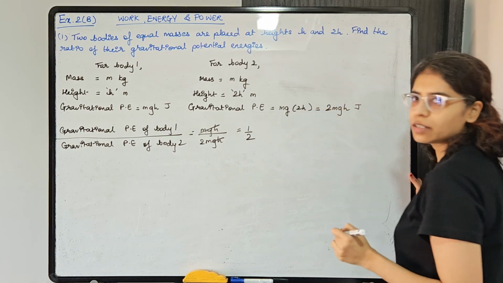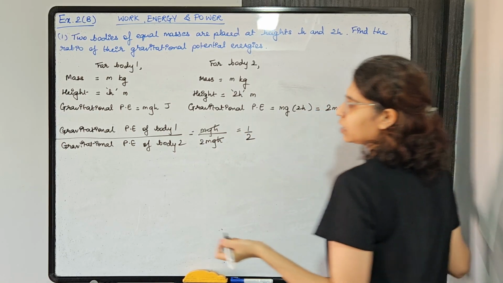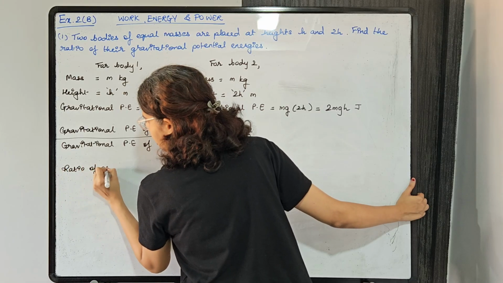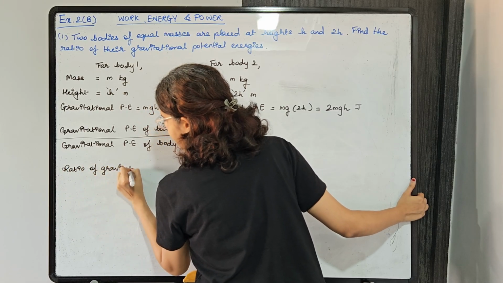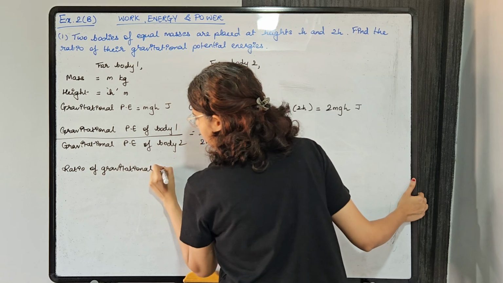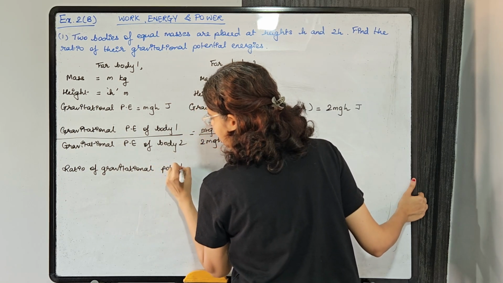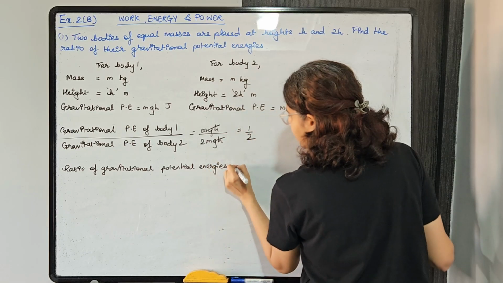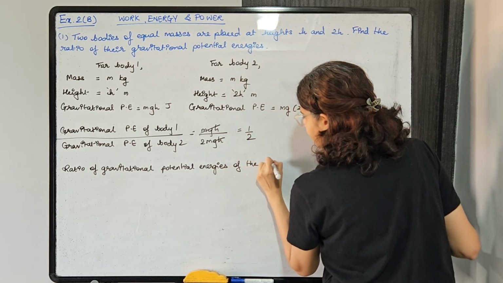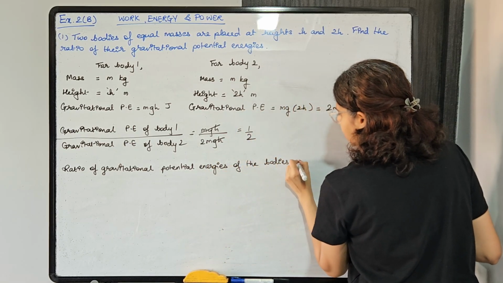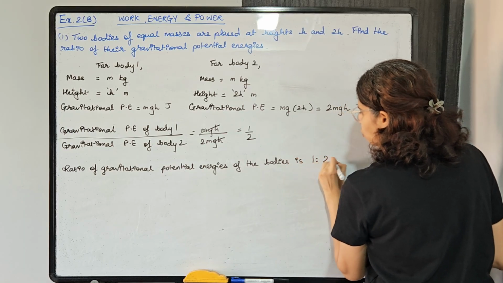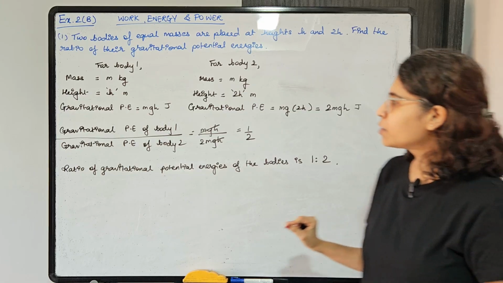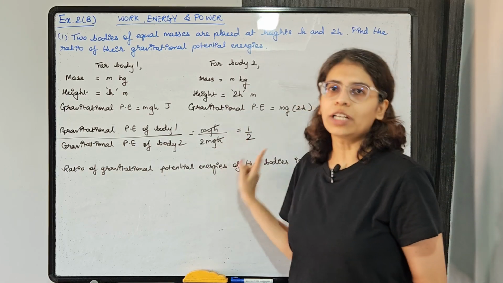It will be 1:2. So the ratio of gravitational potential energy of the bodies is 1:2. Write down the statement in the form of 'is to'. So 1/2, that is 1:2.